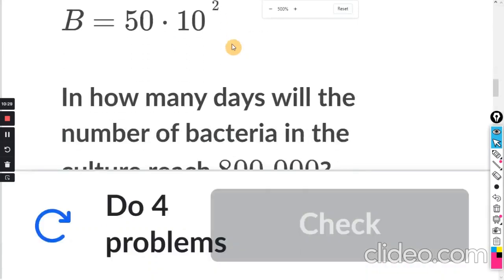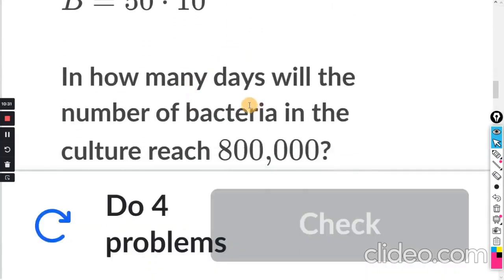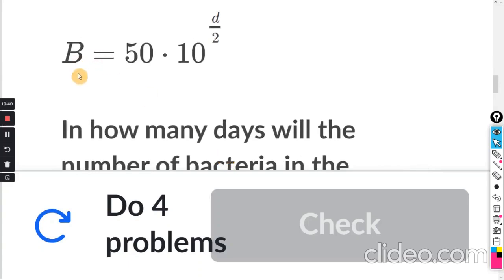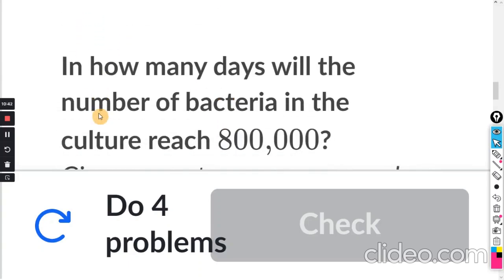All right, so let's see. And how many days? So D is the number of days, and the culture of 800,000, the population, is represented by B, the number of bacteria. Okay, so 800,000 is just going to be B, and the number of days is D. That's what we're solving for.